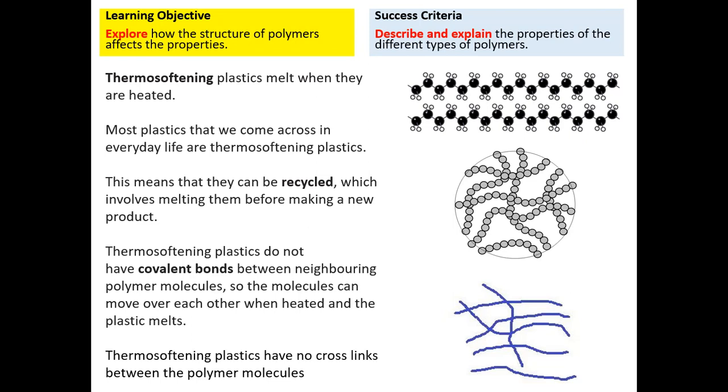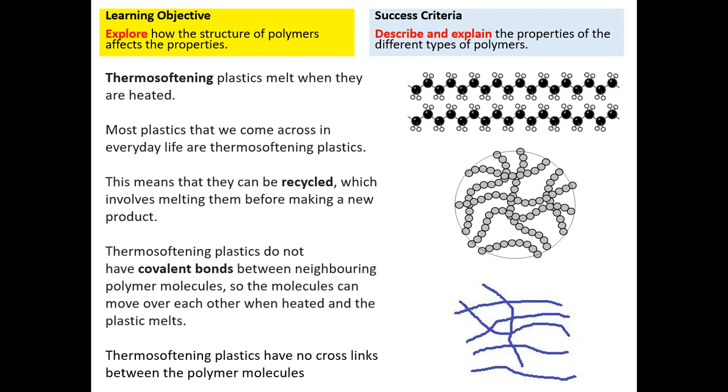They've got no cross links. If you look at that bottom sentence, thermosoftening plastics have no cross links between the polymer molecules. So when you heat any particles up, they move more. So basically the chains, when you heat them up, they're free to move, and they slide over each other, and that's how they move apart, and that's what causes it to melt.